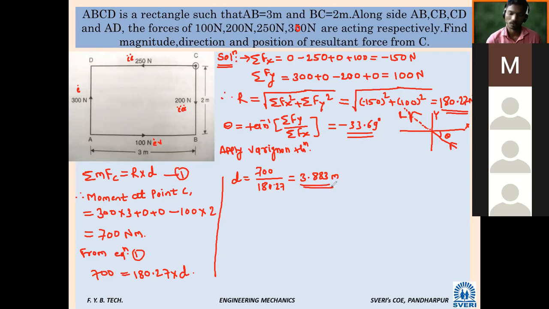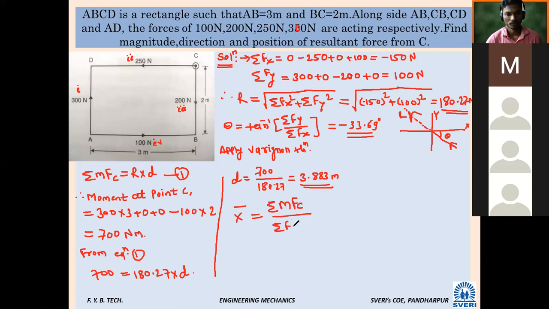Now what are we supposed to calculate again? X intercept and Y intercept. What is the formula? X intercept is equal to summation of moments due to all forces at point C divided by summation of Fy.